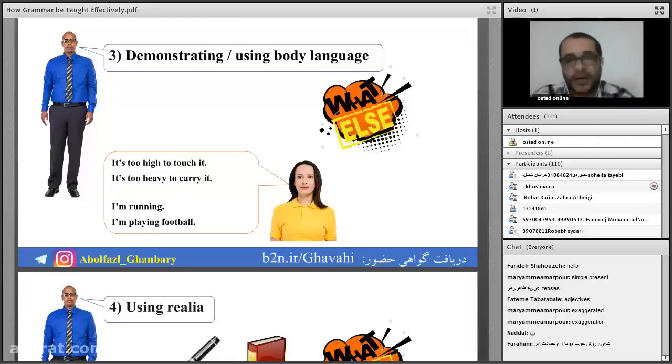What about other things? Other rules. Friends wrote imperative. Yes, very good. Imperative sentences. What else? Think about other rules we can use body language and demonstration for teaching them.